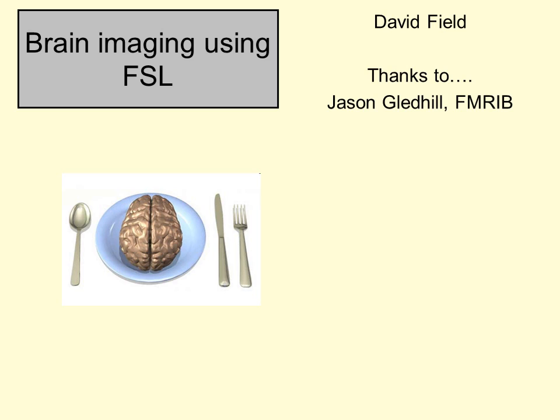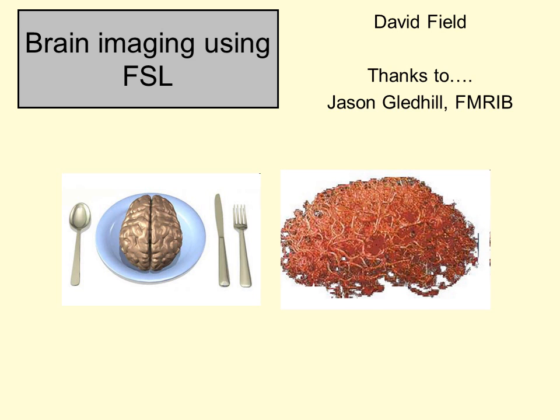Now, of course, what we're doing in fMRI is imaging the energy that it's using, or at least imaging the oxygen that it's combining with that glucose in order to get an idea of what the neurons are doing. And this second image is just a picture of the vasculature inside the brain that delivers all that nice glucose and oxygen to the neurons and removes the waste products such as carbon dioxide in the blood.